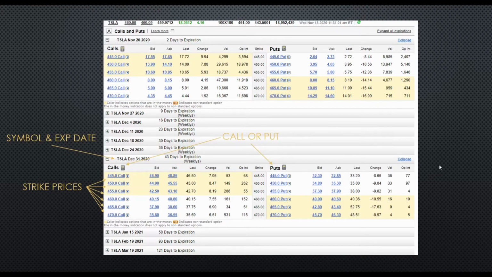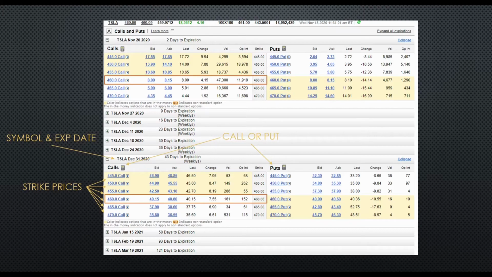So let's take a look at the 460 call example. I'm going to look at the November 2020 460 call. It's going to cost you about $8.15 per share. Multiply that by 100, so a total cost of $815. And the December 31st, 2020 call is going to cost you about $4,080.